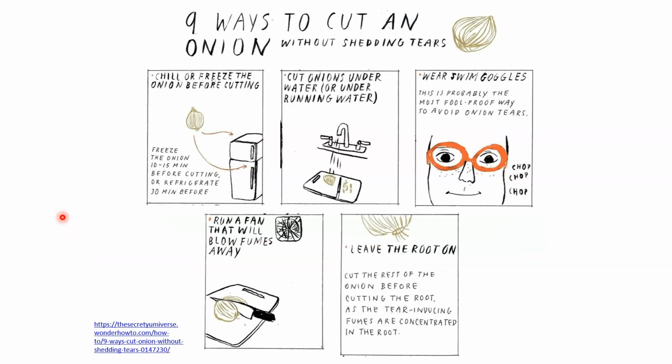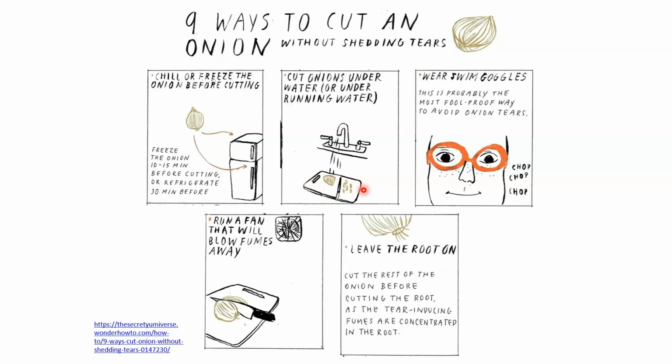So the vapor hits your eye, reacts with water in your eye to produce sulfuric acid, and your eyes start to burn. There are different ways that you could control this by cooling the onion, freezing or storing it in the refrigerator. That can slow down the vaporizing of that compound to get less in your eye.